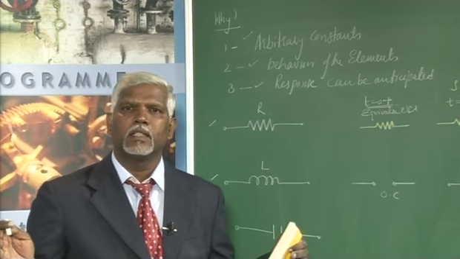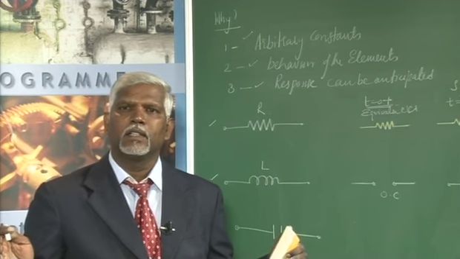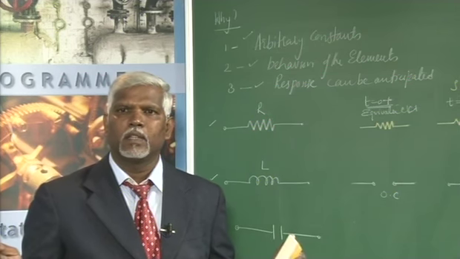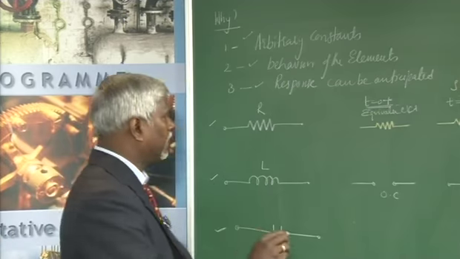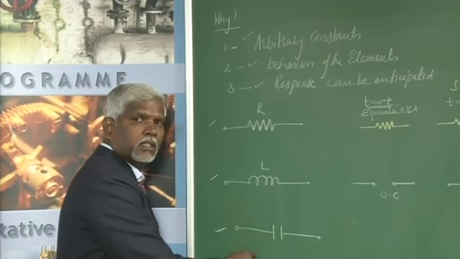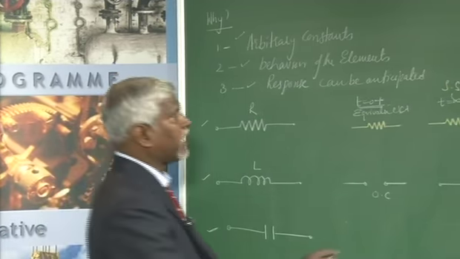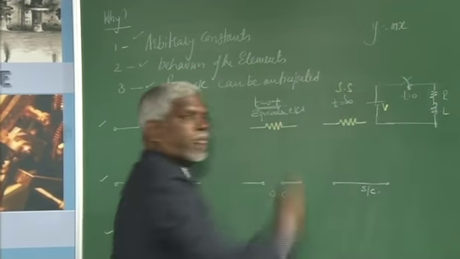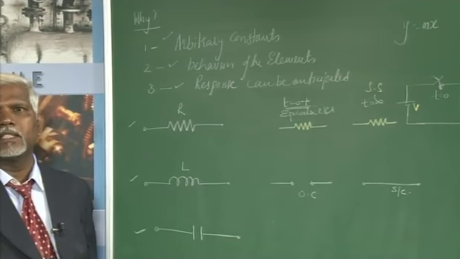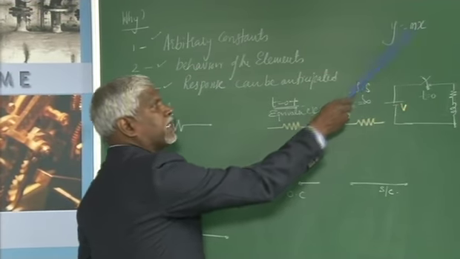Beyond its range, the behavior is non-linear. But in engineering, we try to solve most circuits assuming they are all linear elements. Linear elements should satisfy the equation y equal to mx. If it satisfies this equation, then it is said to be a linear element.